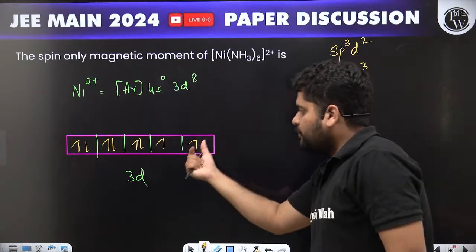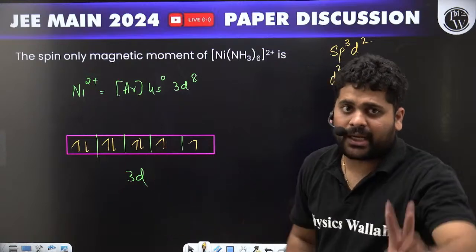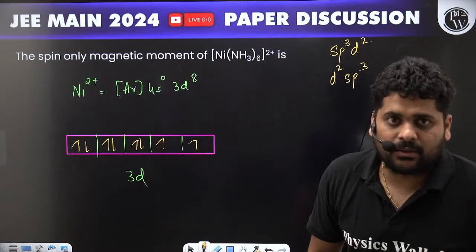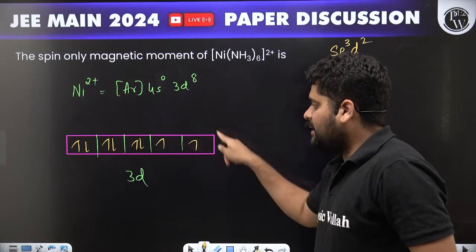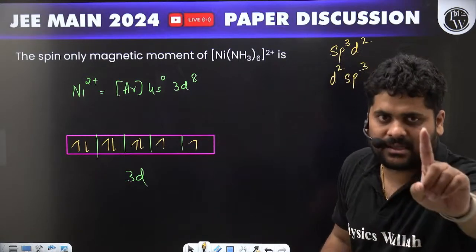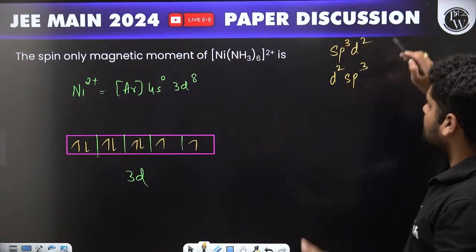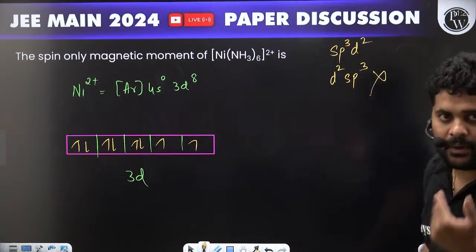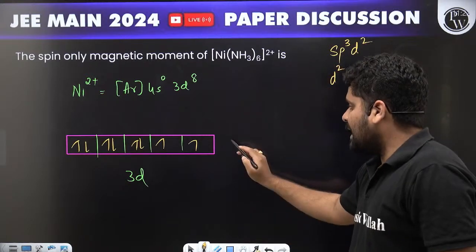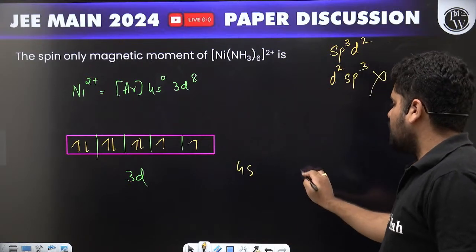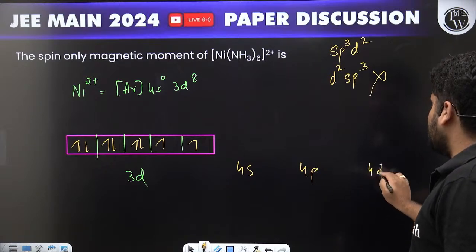Now if you force pair these electrons, are you going to get 2 d vacant orbitals? No. If you force pair these electrons, the vacant orbitals of 3d is just going to be 1, which means this hybridization is not going to be possible. The only possible hybridization is sp3d2, that would start from 4s, 4p and 4d, isn't it?